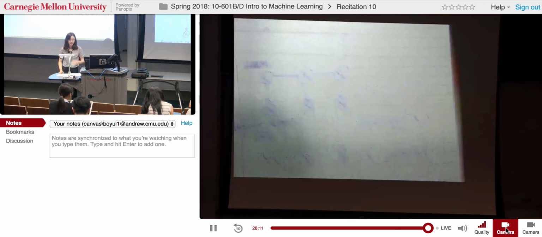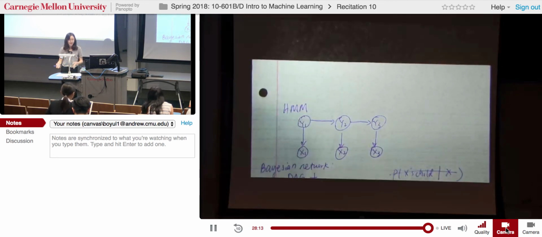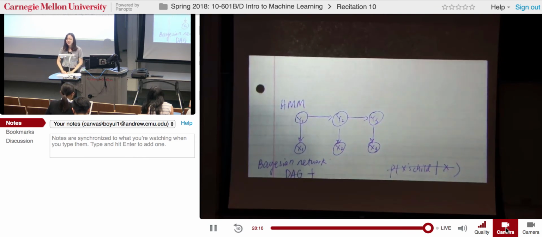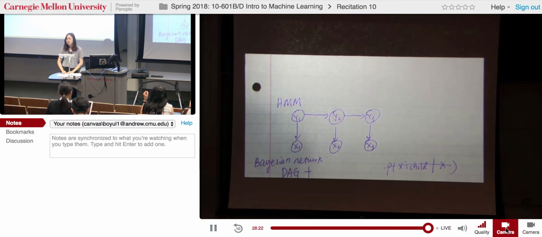So basically, the joint distribution is over x1 through x3, y1 through y3. Let's cover the hidden states first. So y1 does not have any parent, so we put probability of y1. And then y2 has one parent, y1.